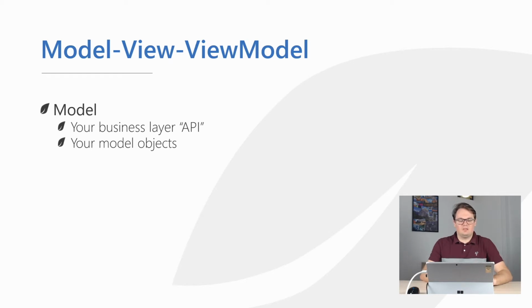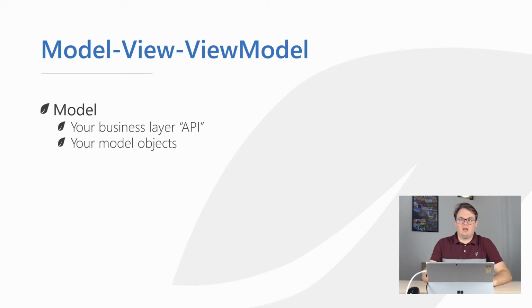Maybe the most problematic part is the model, because in every book you can find different definitions of this term, but I understand model as a business layer API. It doesn't mean a real API. It's just what the business layer gives to you, and not only the functionality, also the data models.